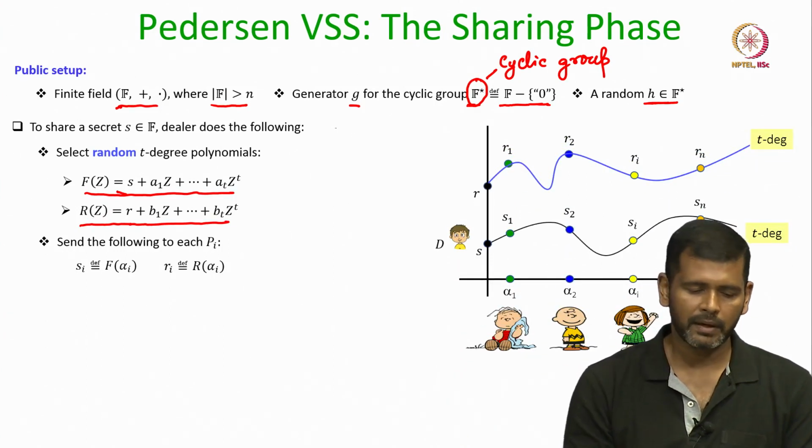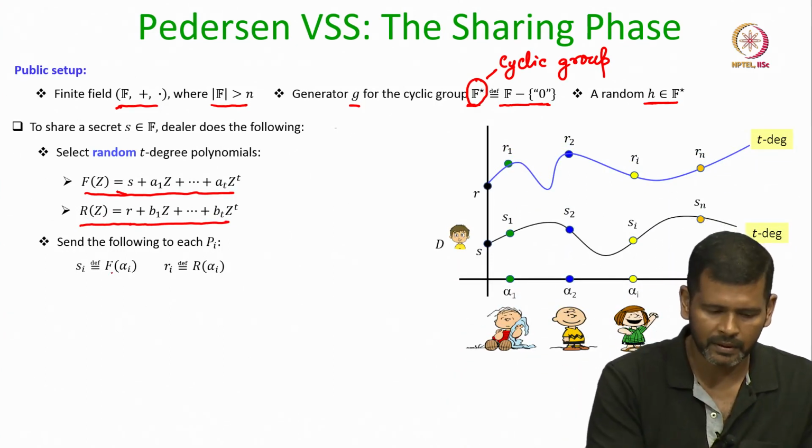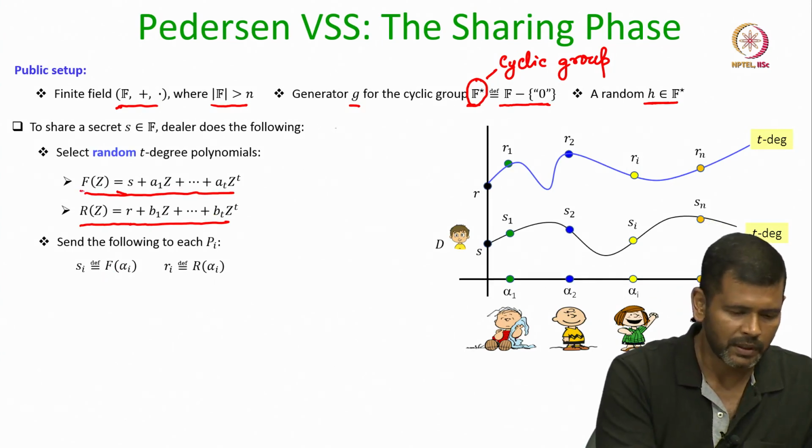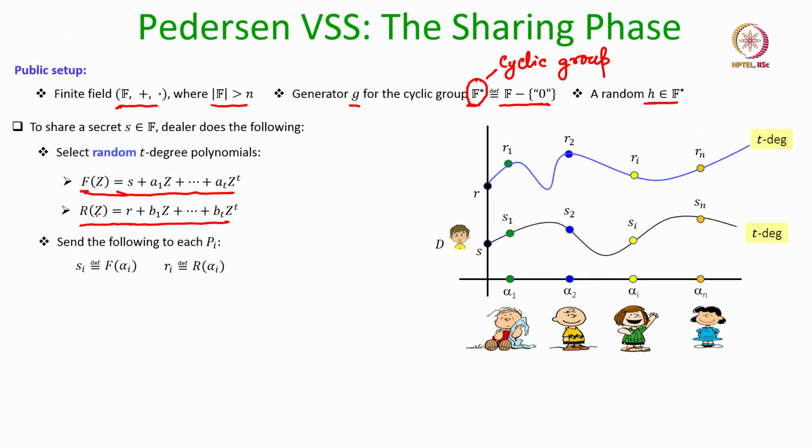And now to each party it gives the evaluation of the sharing polynomial and the randomness polynomial. So, I am calling the f polynomial as the sharing polynomial and the r polynomial as the randomness polynomial.